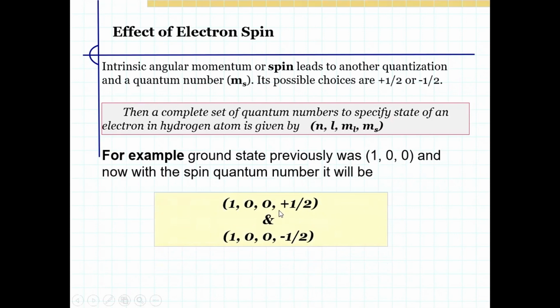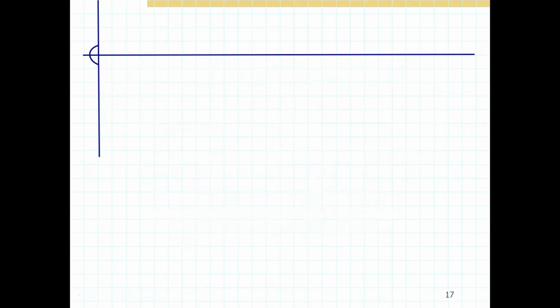It is basically 2 states, 1, 0, 0, plus half, and 1, 0, 0, minus half. So this is the complete address of one electron with a spin up, and 1, 0, 0, minus half is the possible address of the second electron, which has a spin down.